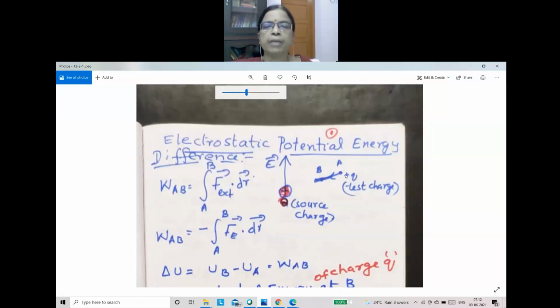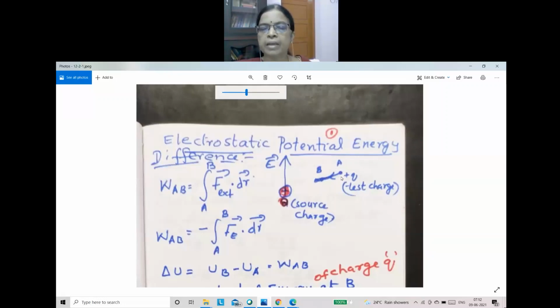See, when we bring the charge closer and closer to the source charge, the repulsive force will be more. So we have to do more and more work to bring it nearer to the source charge. We have to do more work at B than at A because of this repulsive force. So potential energy will be more near the charge. That means at B, potential energy will be more than at A.